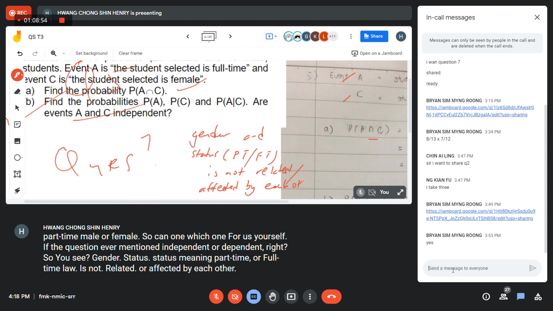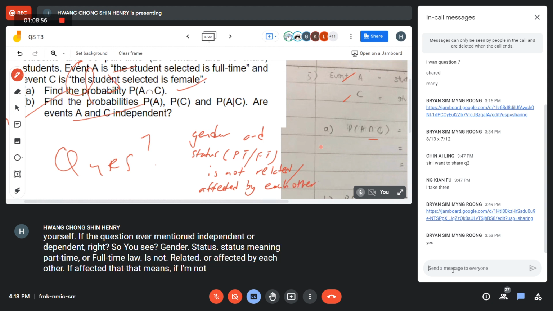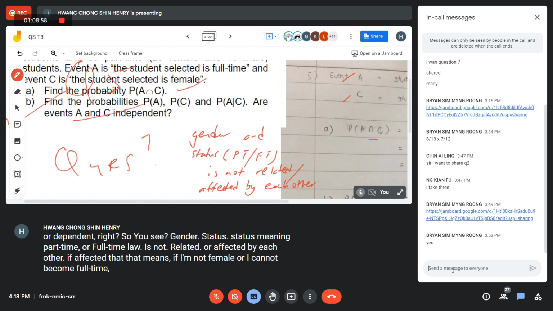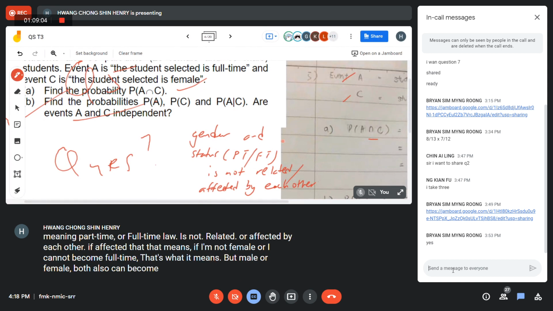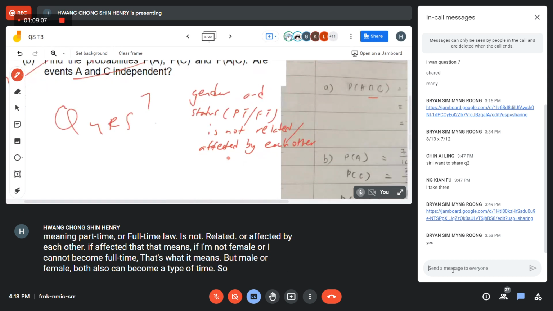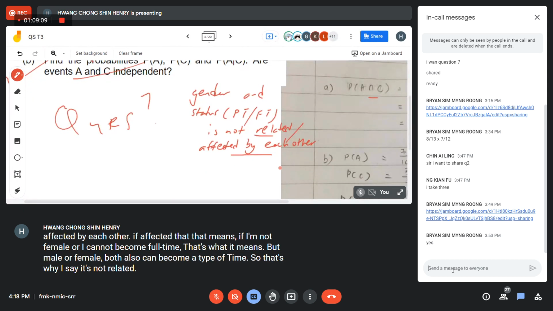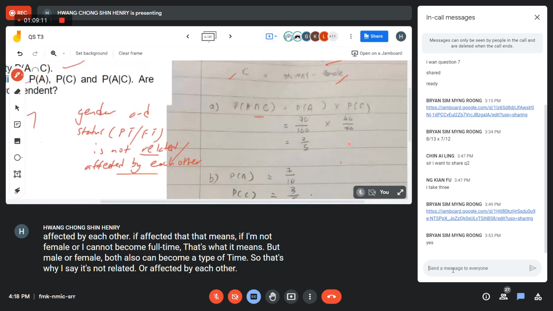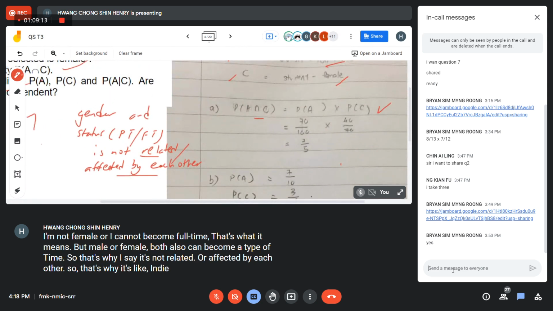If affected, that would mean if I'm not female, I cannot become full-time. But male or female, both can become part-time or full-time. So that's why I say it's not related or affected by each other. So that's why it's independent.